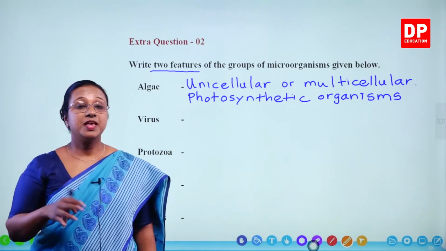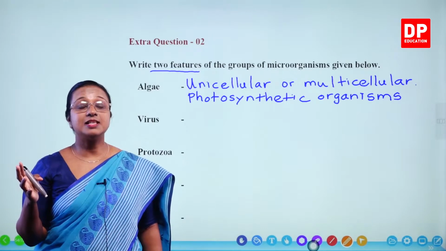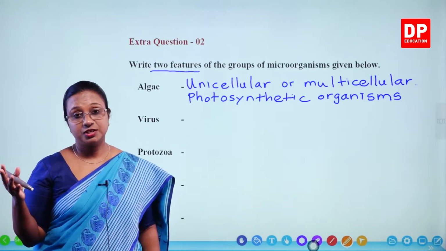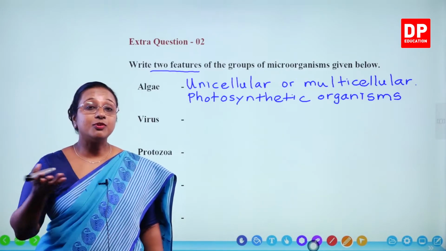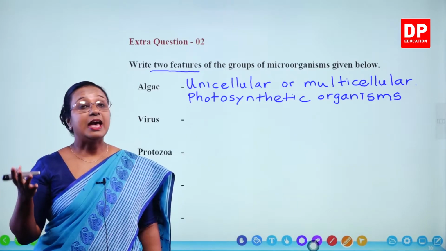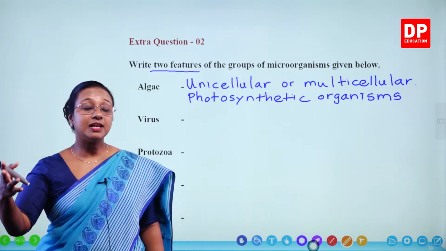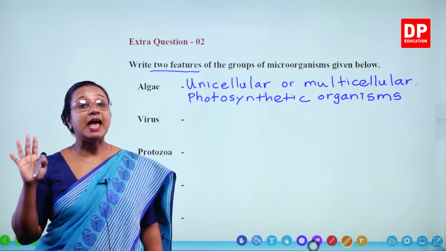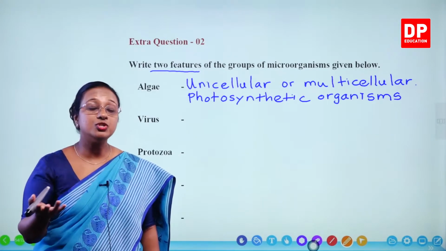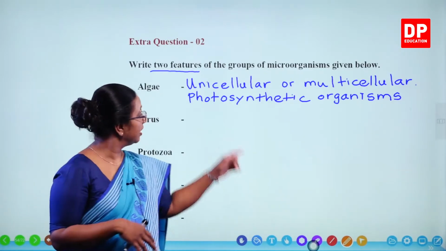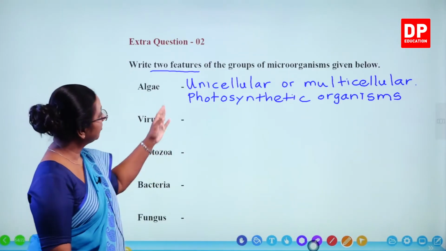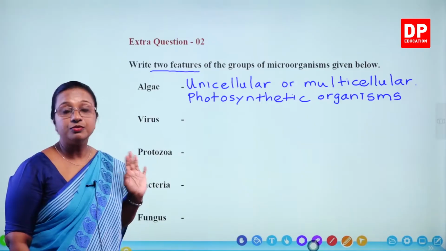They have a single cell structure or a filamentous structure or a thallus body structure. The algae that float on water and are microscopic are known as phytoplanktons. There are diatoms, Spirogyra, Chlamydomonas, different examples, and they are usually the beginning link of the food chain in aquatic environments because they can do photosynthesis. You can write any two features.